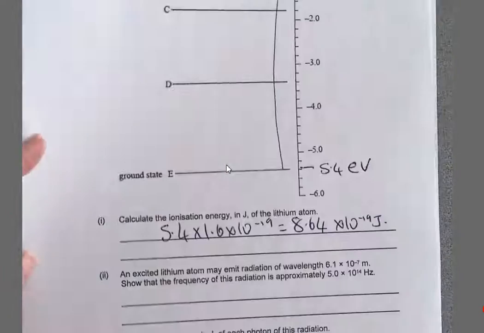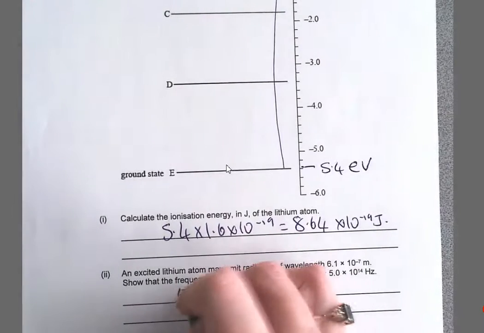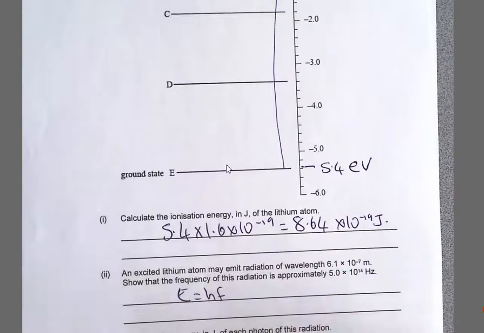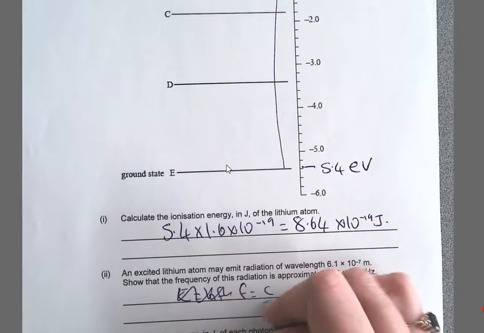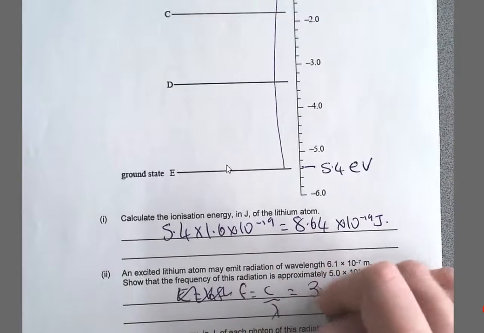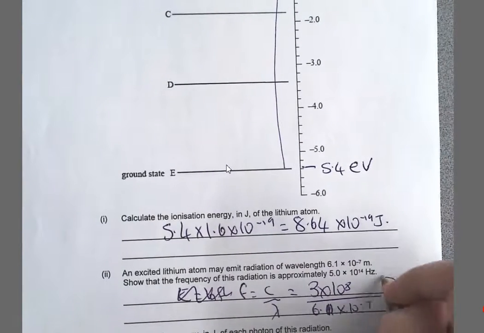An excited lithium atom may emit radiation of 6.1 times 10 to the minus 7 metres. Show the frequency of this is that value. So you're going to use F equals C over lambda. So 3 times 10 to the 8 over 6.1 times 10 to the minus 7 gives you that value.